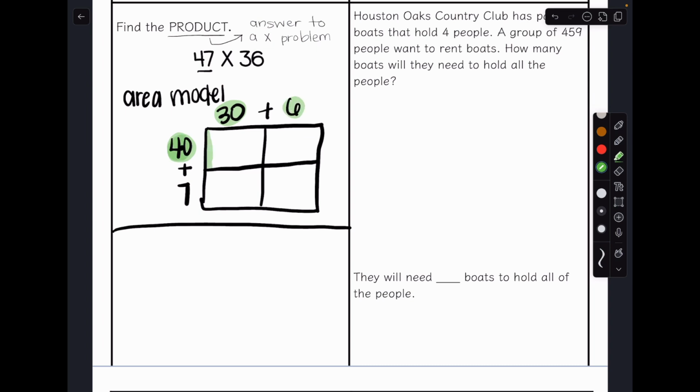That's the length times width. And then for the second row, we have 7 times 30, and then 7 times 6, length times width. And then once they find that, they'll add up all their partial products, okay?